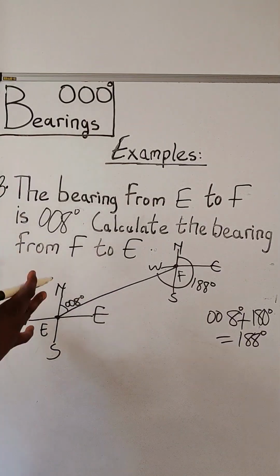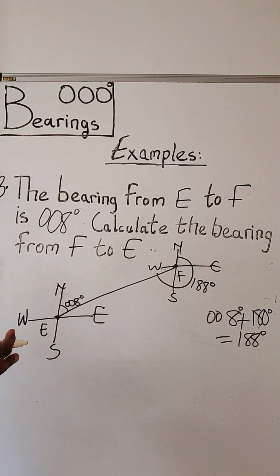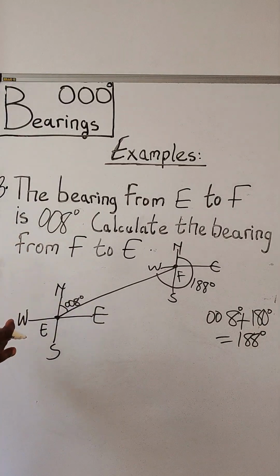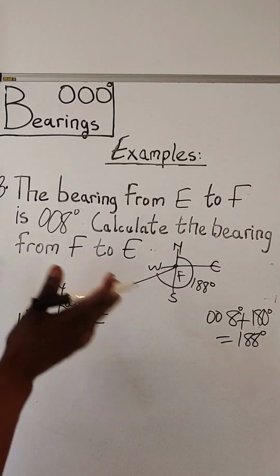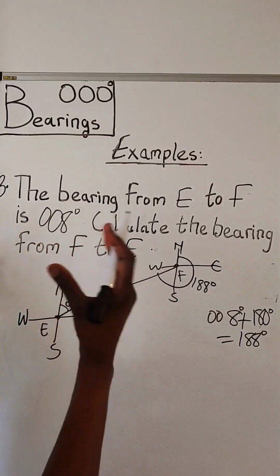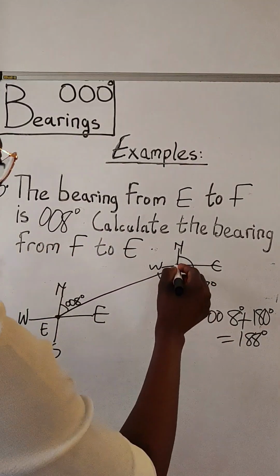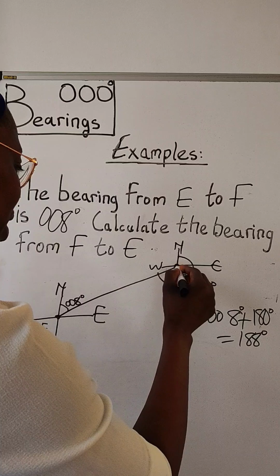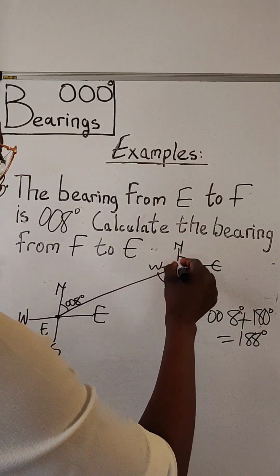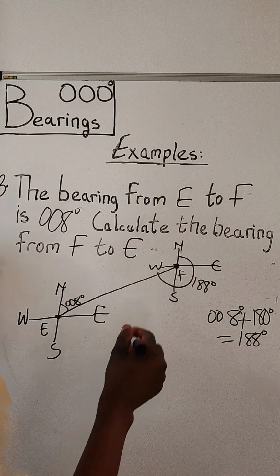When the previous bearing is less than 180, what you do to get the opposite bearing is to add 180 to the previous one, and that's all. But using the co-interior angle method now, the full turn of this angle is 360 degrees.